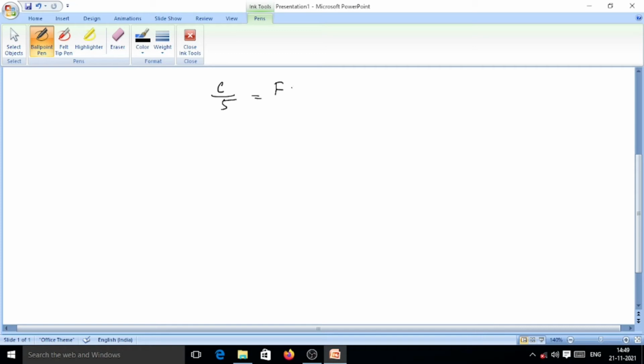C by 5 equal to F minus 32 by 9, and according to the question, it is given C equal to F, means Celsius scale equal to Fahrenheit scale. So let's think that the value is x. So just place x instead of C and instead of F.